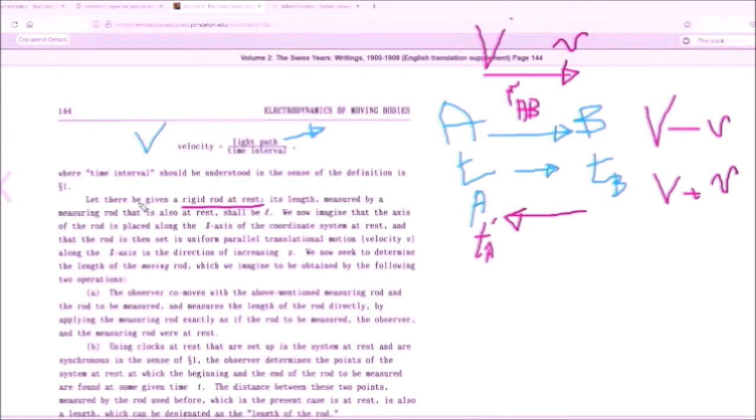Its length, measured by a measuring rod that is also at rest, shall be L. So L is the unit of distance that you are going to use to measure the distance between A and B. We now imagine that the axis of the rod is placed along the x-axis of the coordinate system at rest, and that the rod is then set in uniform parallel translation, which means moving in a straight line at uniform speed, called v.